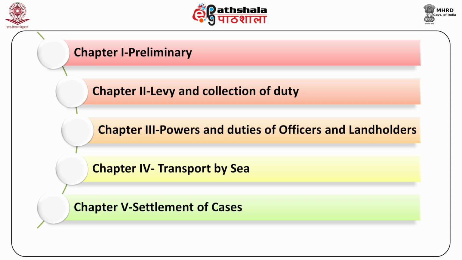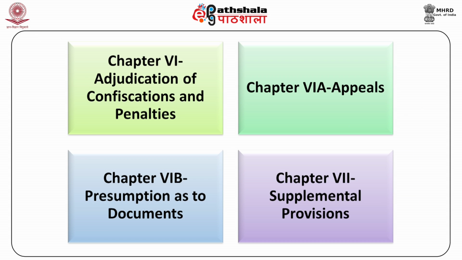Jurisdiction, powers and procedure to be followed by Central Excise Settlement Commission, sections 32A to P. Chapter 6, Adjudication of confiscation and penalties. Adjudication of confiscations and penalties independent of punishments, sections 33, 34 and 34A.